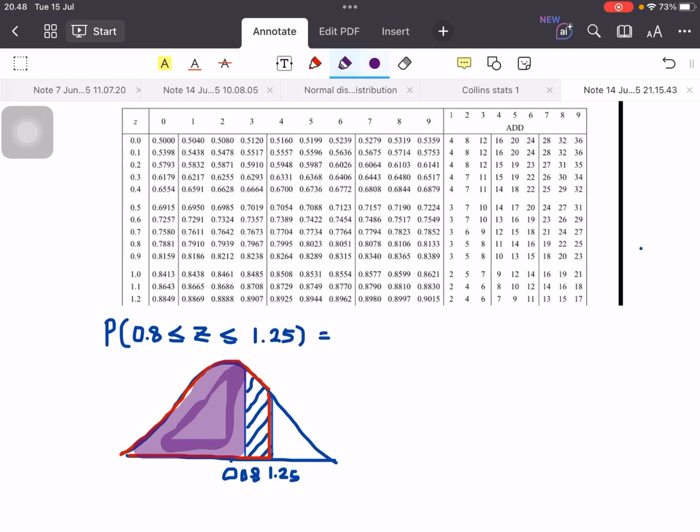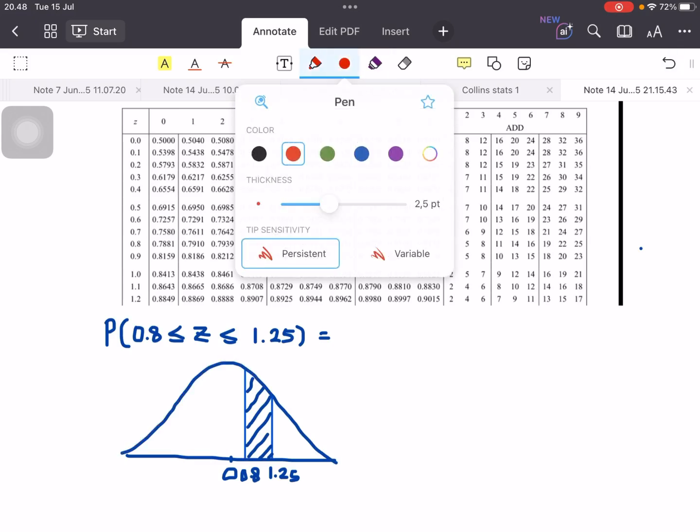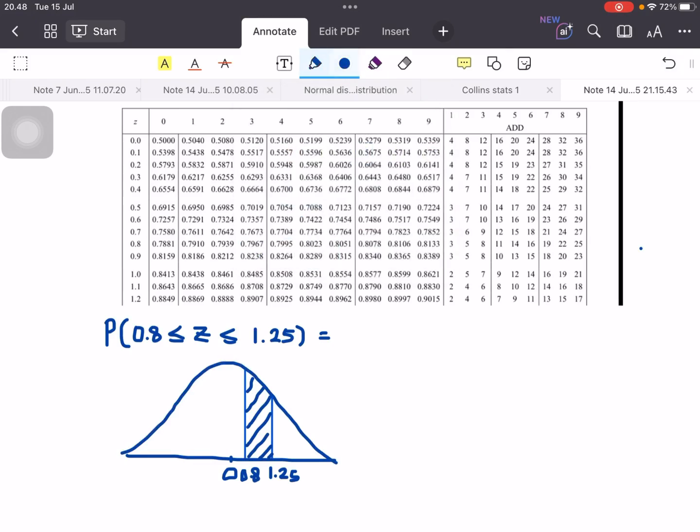By looking at the diagram, it is not that hard to understand that this shaded area is the same as probability z less than or equal to 1.25 minus probability z less than or equal to 0.8.